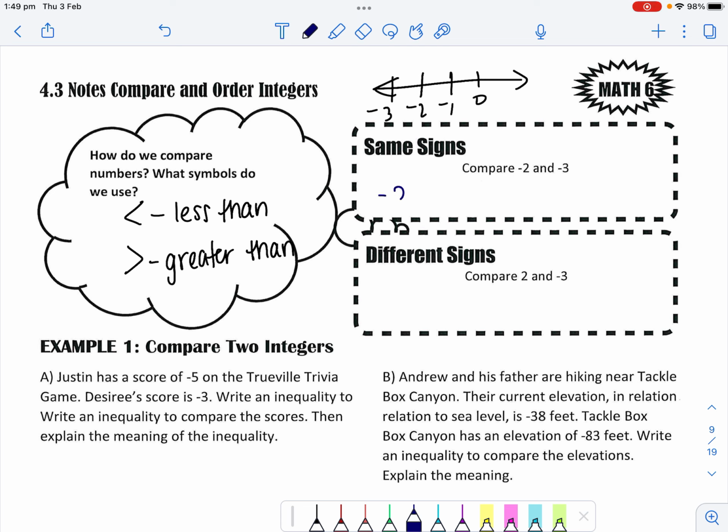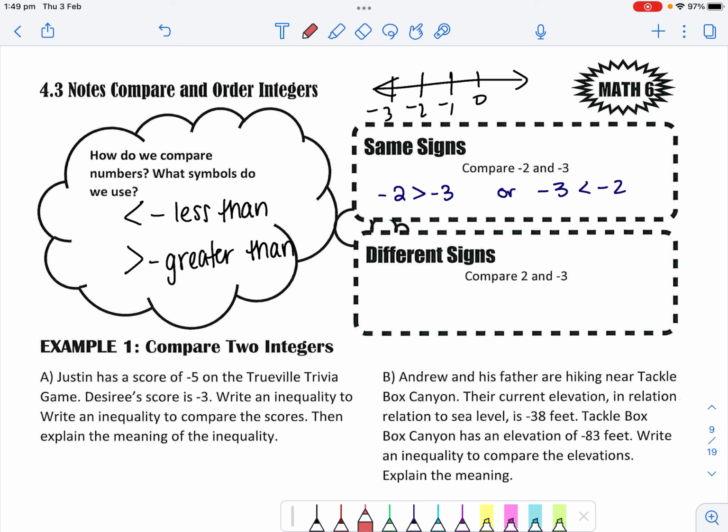So I can say that -2 is greater than -3, or I can say that -3 is less than -2. Both of those statements are true. And we have to know that the understanding is that a number further away from 0, even to the left, is going to be less than a number closer to 0.